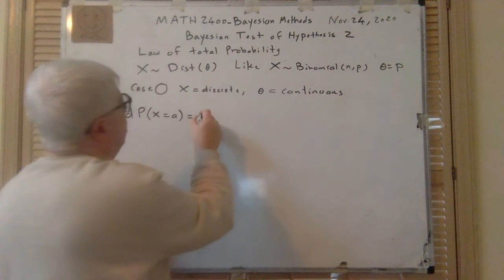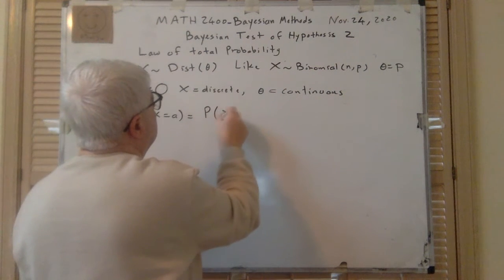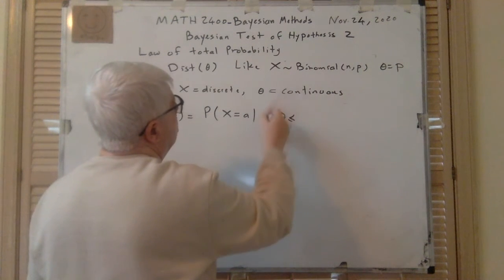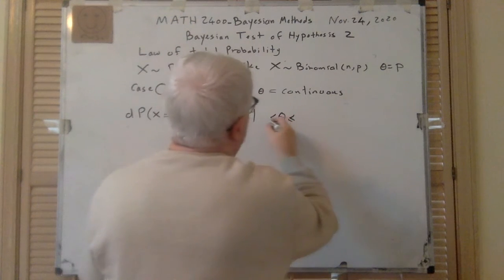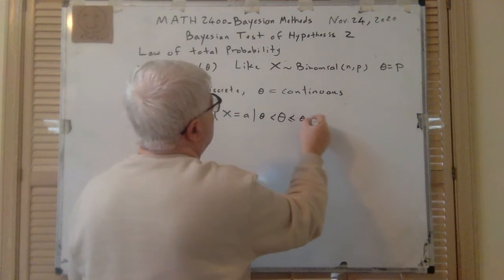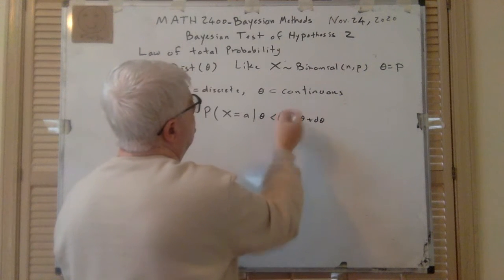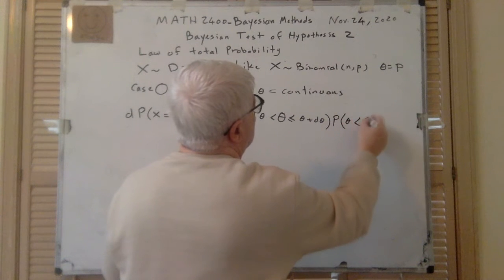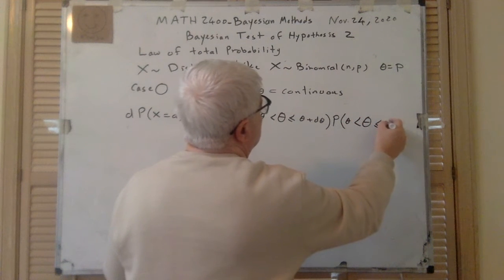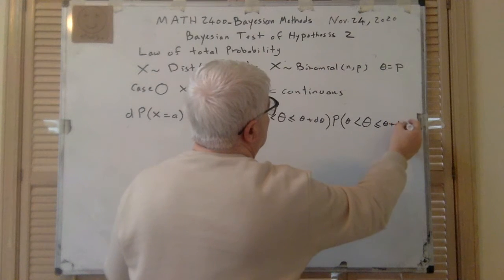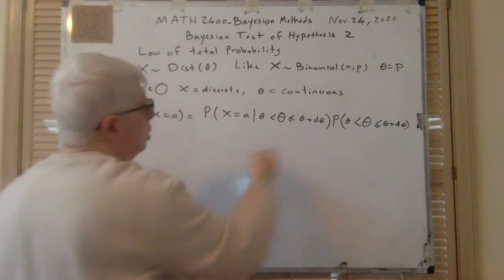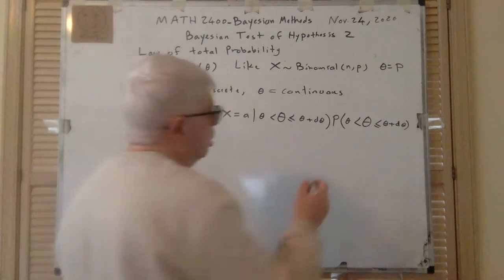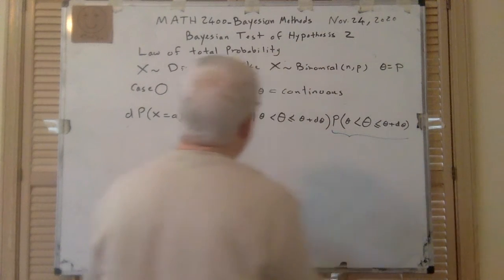So that is P of X equals A, given theta is between, say, some small theta and small theta plus d theta, times P of small theta less than big theta less than small theta plus d theta. Now, this one is in fact interesting. Let's look at the situation and see what this thing is.